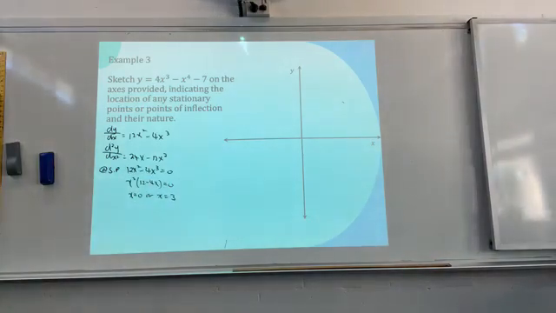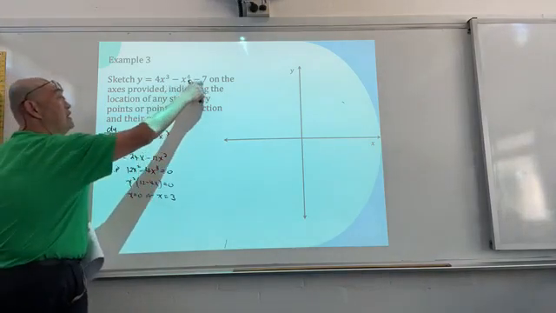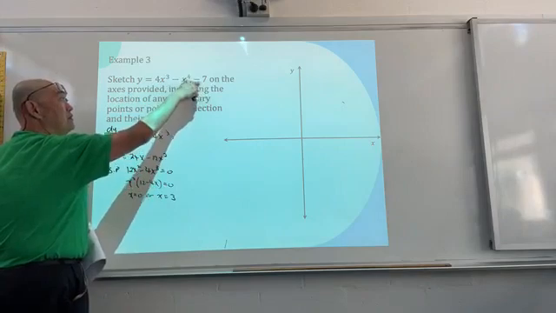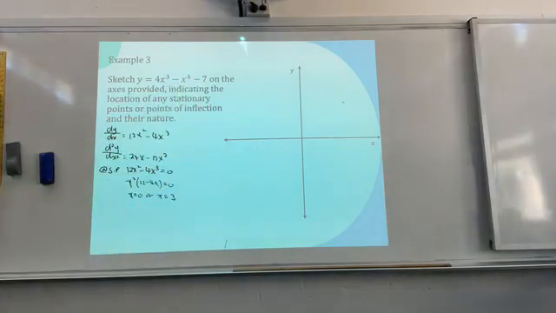So I get x equals 0, x equals 3. You know that when x equals 0, it's actually the y-intercept, correct? You should know that looking at that. So the y-intercept is one of the points, whether it's a stationary point, minimum, maximum, or point of inflection. We don't know yet.